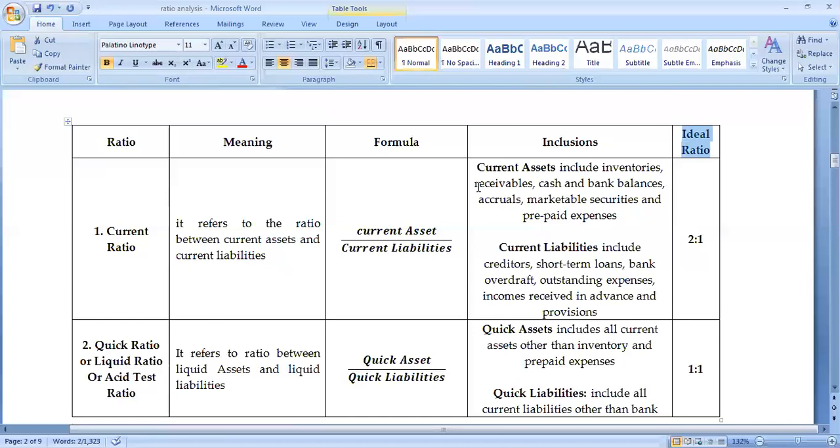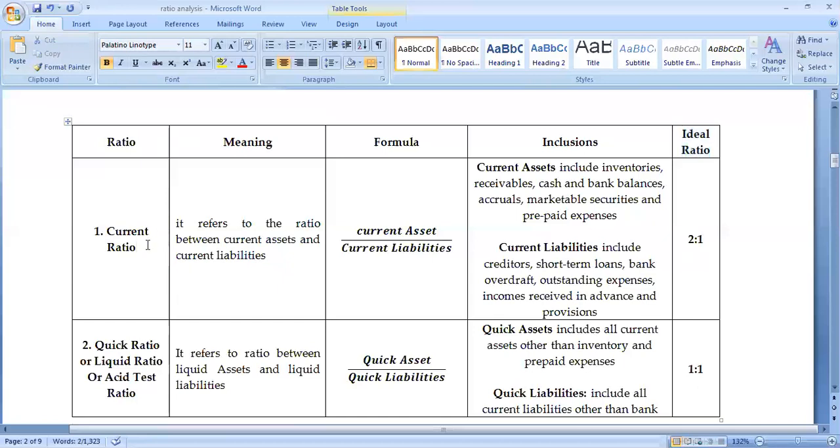It is just an outline indication of the financial soundness of the business concern.